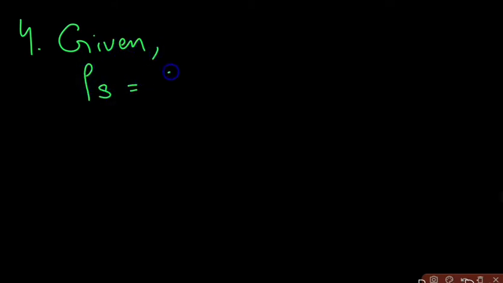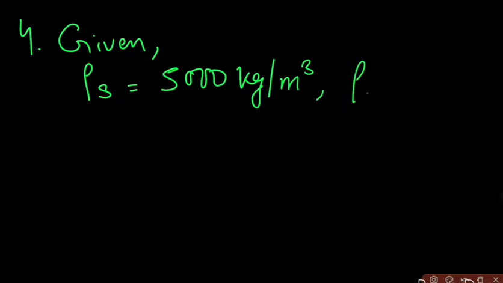Coming to the solution of number 4. The things which were given to us were the density of the solid, which was 5000 kilogram per meter cube, then the density of the liquid, which was 1000 kilogram per meter cube.